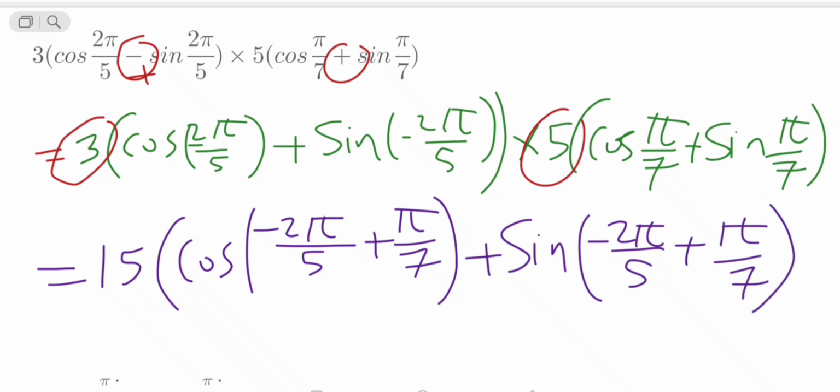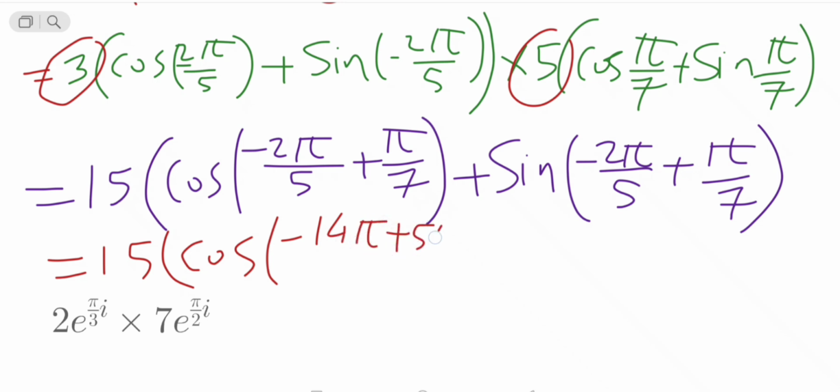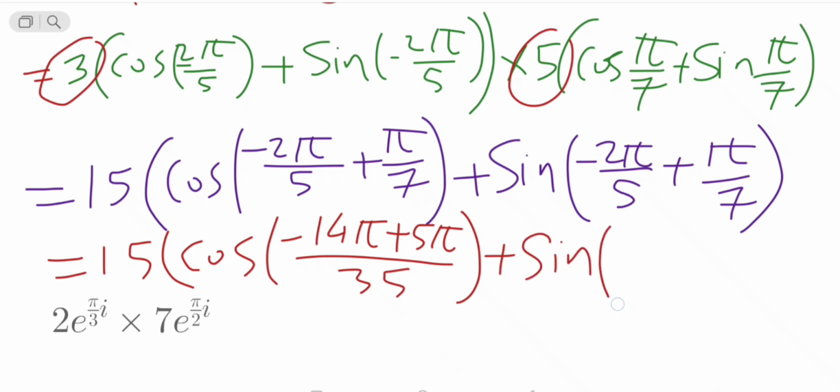Why am I adding the angles? Because it is multiplying. If we multiply, we will add the angles, so 15 bracket. When you add this, cos equals minus 14 pi plus 5 pi over 35, plus sine equals minus 14 pi plus 5 pi over 35.